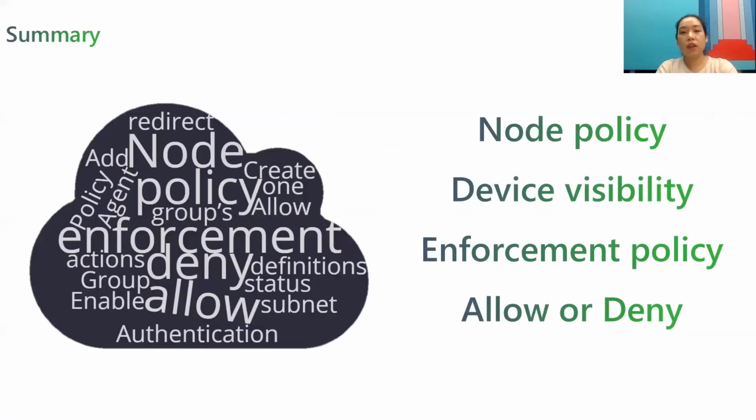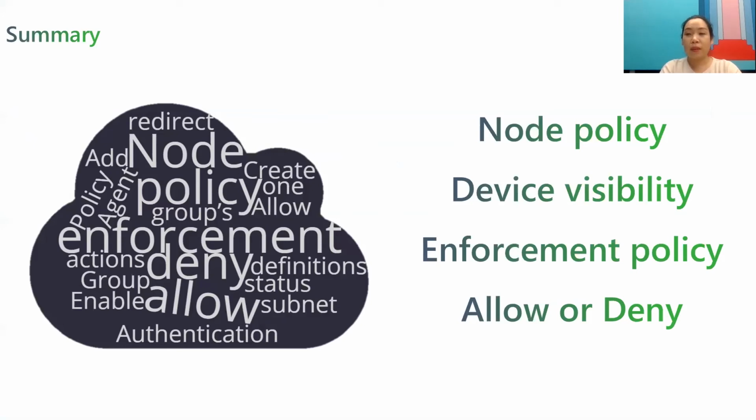It is almost the end of session 2 for today. There was a lot of vocabulary today, but I hope you remember only 4 keywords. The first one is node policy. We have already repeated this keyword a lot, right? If you want to correct the visibility of groups or devices, you have to go to node policy.